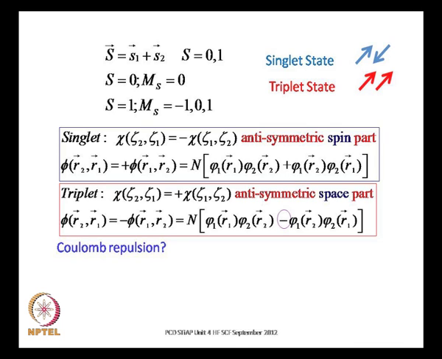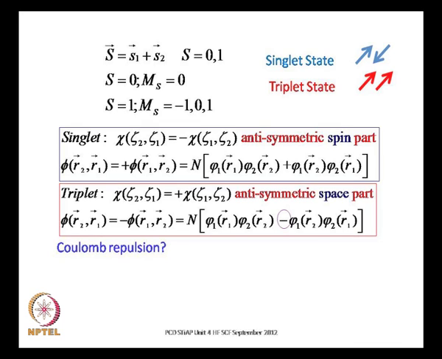What it means is that in the limit R2 going to R1, what is going to happen when R2 goes to R1? The 2 electrons get closer and closer. So as R2 goes to R1, what happens to the triplet state?